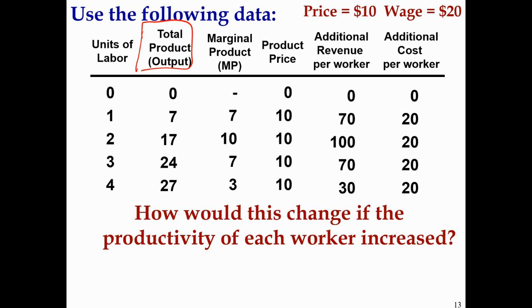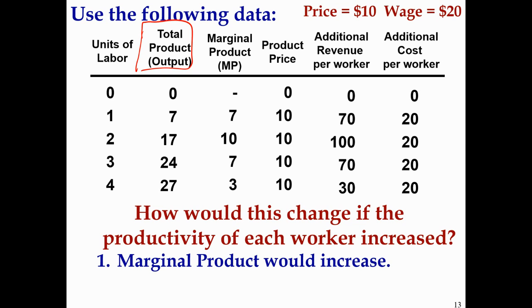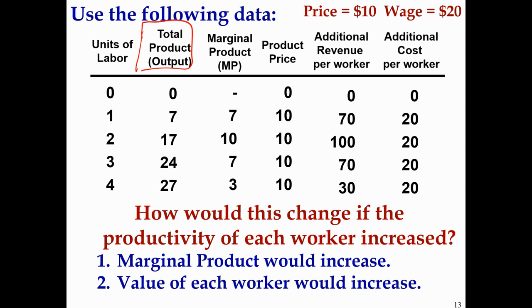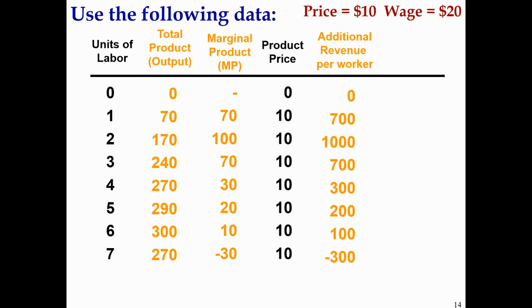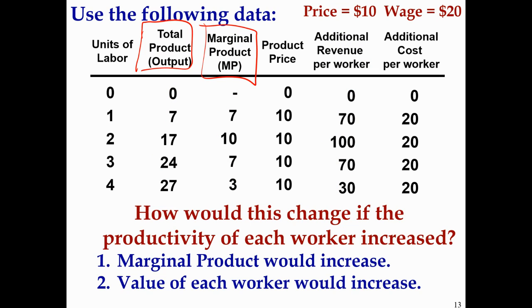Because if my worker can produce more, the total product is more, which means my marginal product will be affected. And because this and this will be affected, by multiplying by the product price, the additional revenue will also be affected, which will also affect the value of each worker.